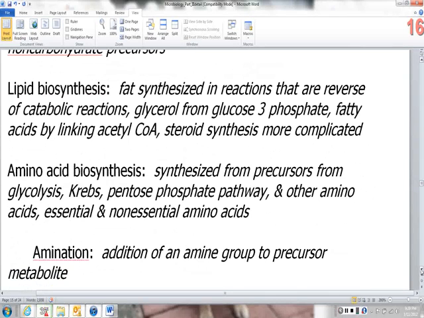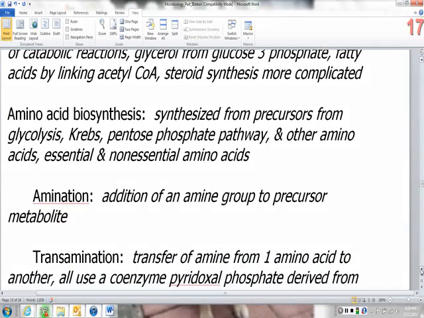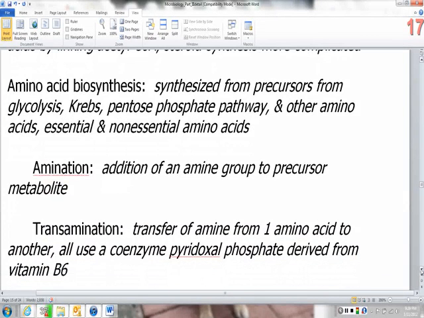Amino acids may be synthesized from precursors from glycolysis, the Krebs cycle, the pentose phosphate pathway, and other amino acids. Only some amino acids may be synthesized, and these are referred to as non-essential amino acids. The essential amino acids cannot be synthesized and must be consumed.